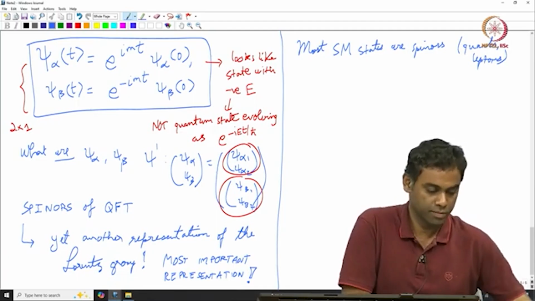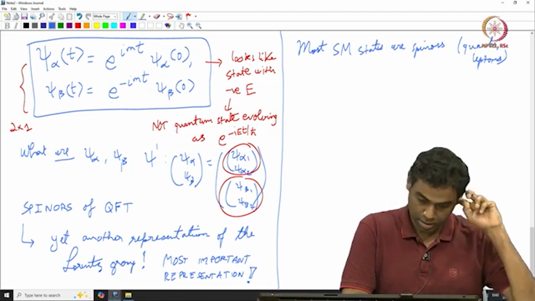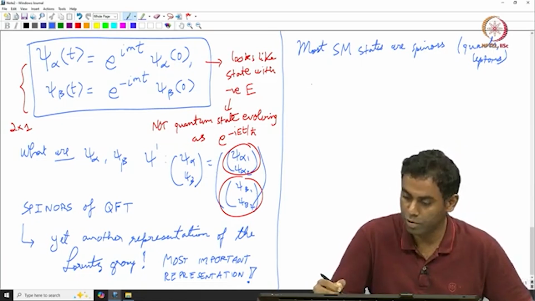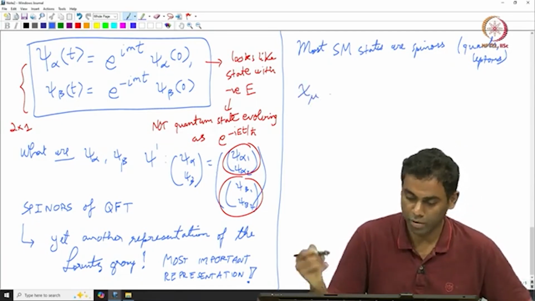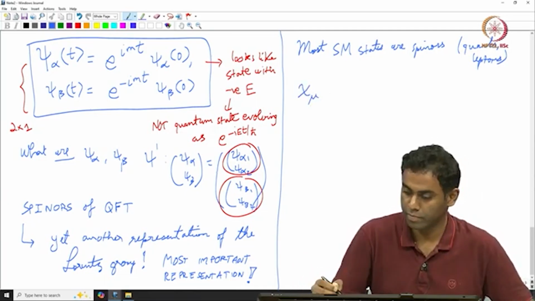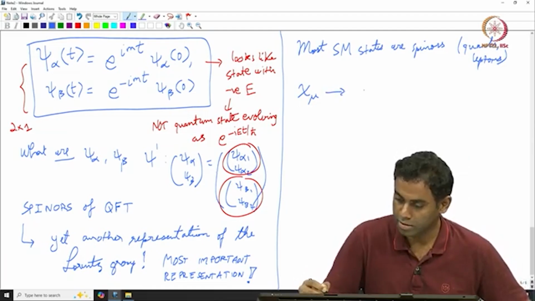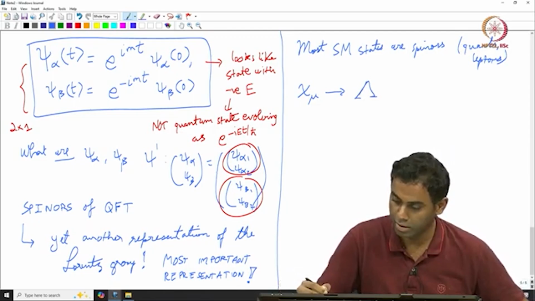So how do we see this? Let us take something that we already know from before. Let us take rotations. What happens under rotations? I am changing my coordinates like this. I can put an r, but I am going to just use lambda. I am going to start using lambda right away.